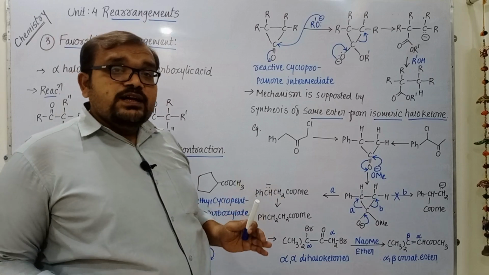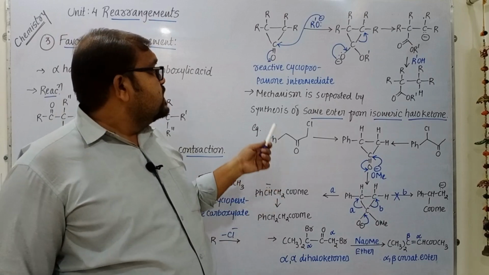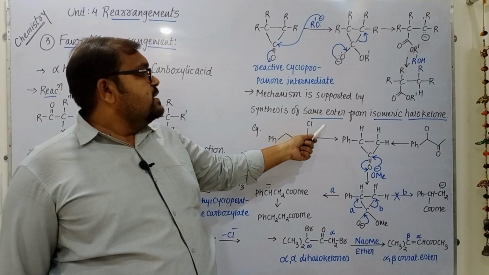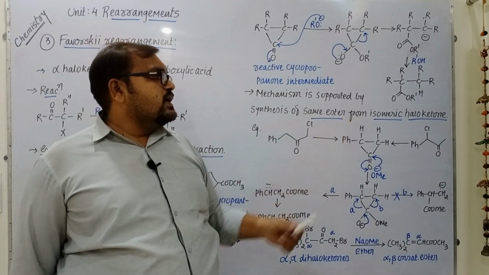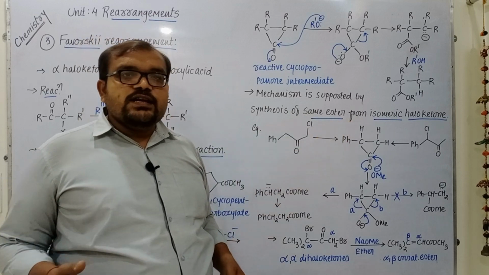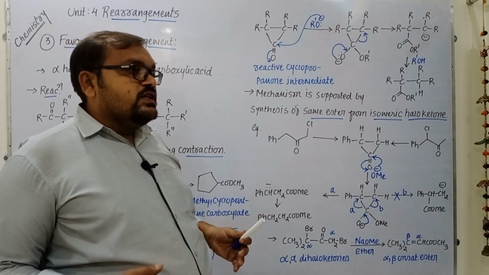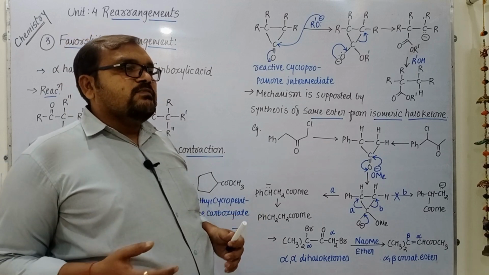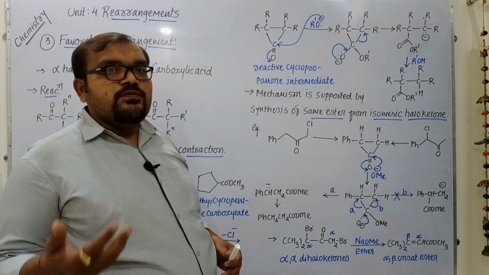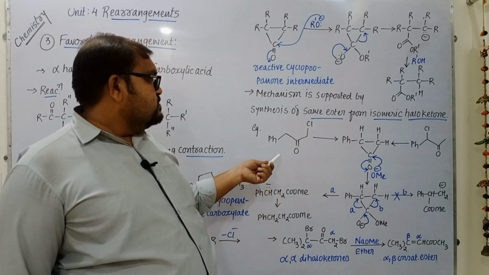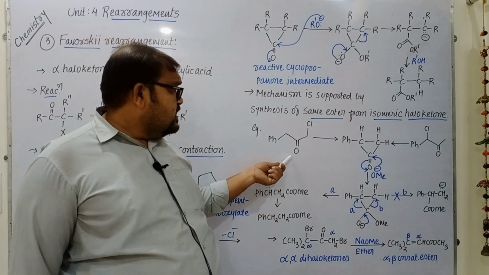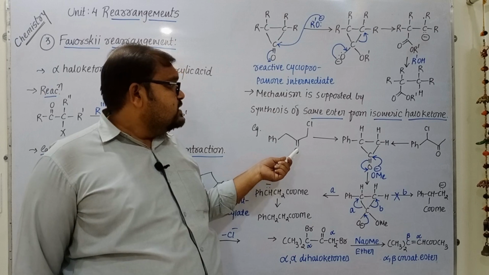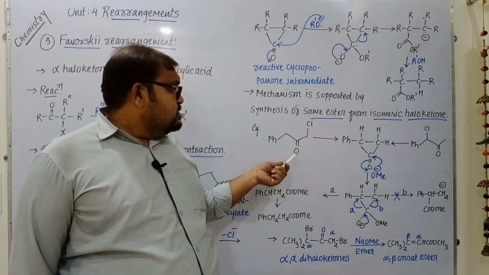Now this mechanism is also supported by the synthesis of the same ester from isomeric haloketones. How is this carried out, or we can also say how can this mechanism be proved with the help of isomeric haloketones? Here we are taking an example of isomeric haloketones.